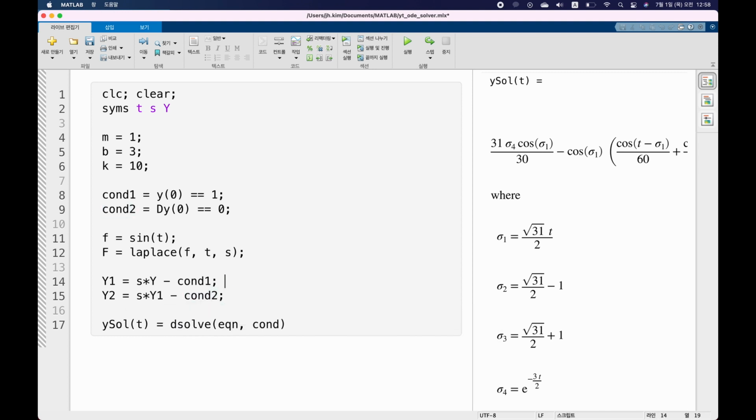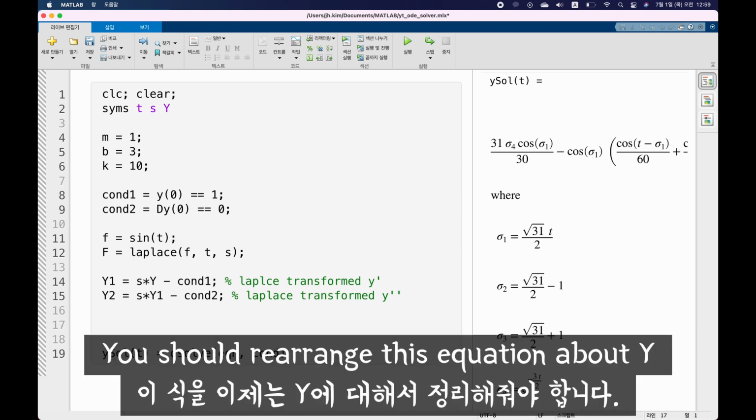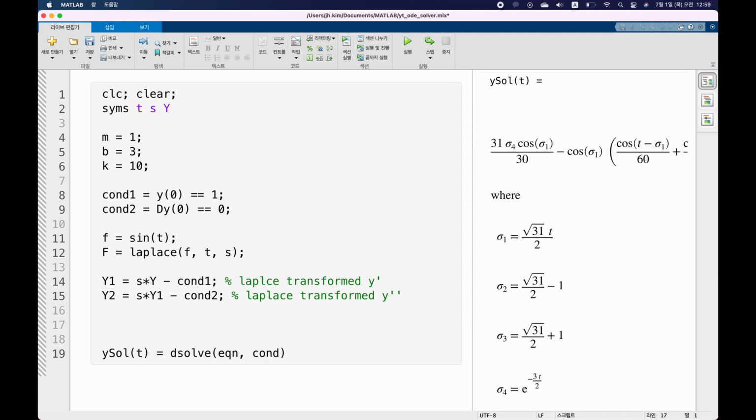So this is the Laplace transformed y prime, and this is the Laplace transformed y double prime.